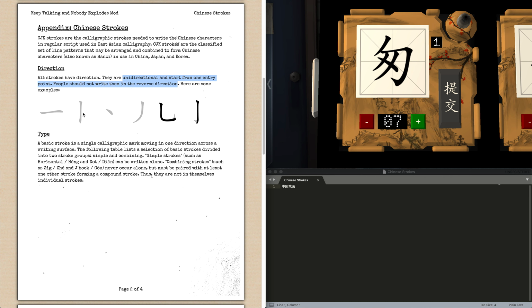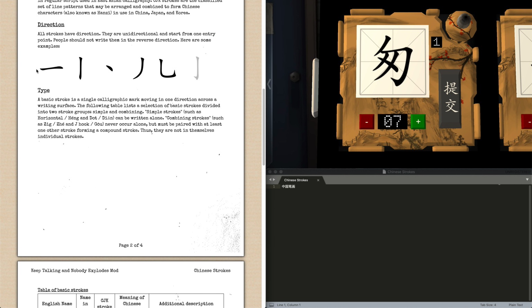You can see some examples of these strokes. What you need to know basically is that vertical strokes are drawn, for the most part without exception, top to bottom, and horizontal strokes are drawn left to right.